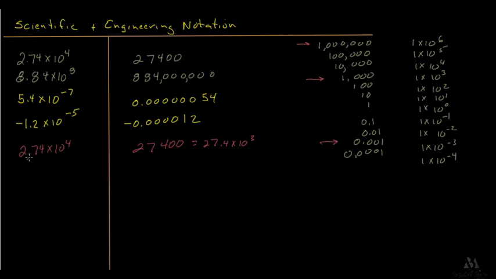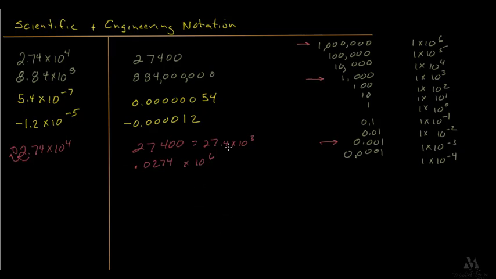This is a 4, so we have to move it here. And then one more time. To be able to do that, we're going to have to add a 0 here, right? So we are going to end up with 0.0274 times 10 to the sixth.